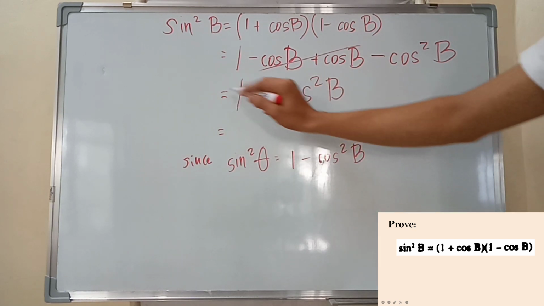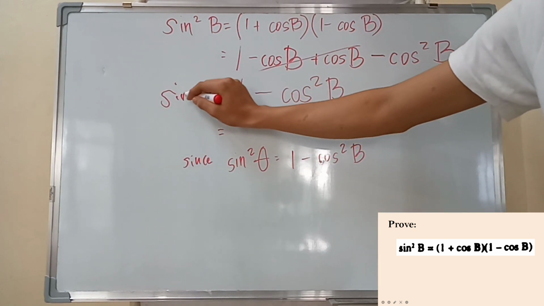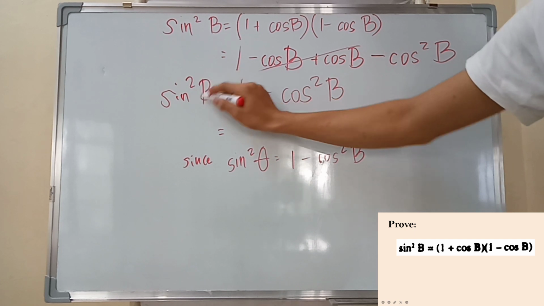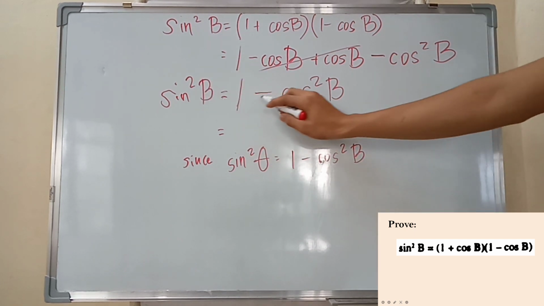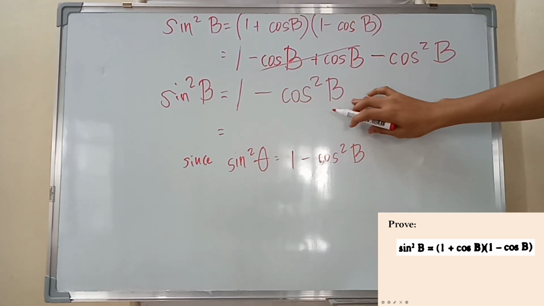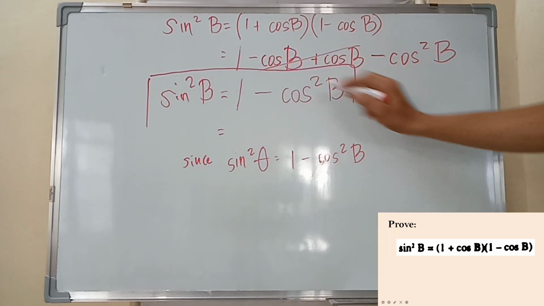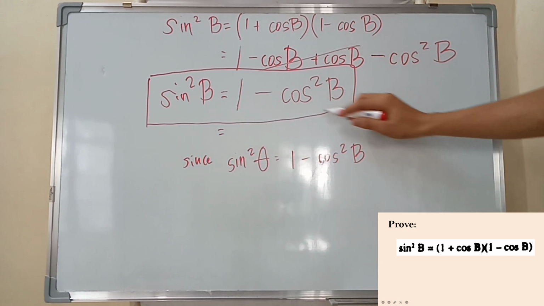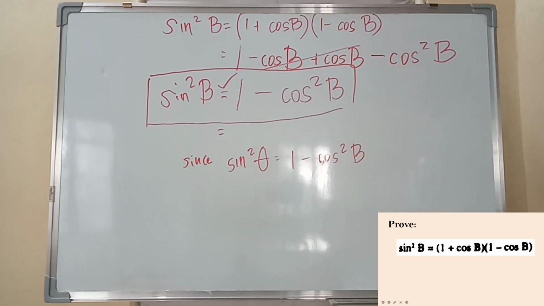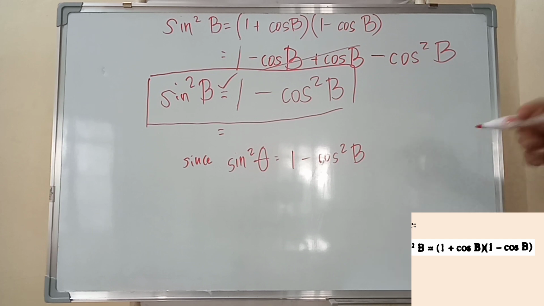So, masasabi natin na si sine squared b is equal siya sa 1 minus cosine squared b. So, ayan, na-prove natin na ang sine squared b is equal siya sa 1 minus cosine squared b.